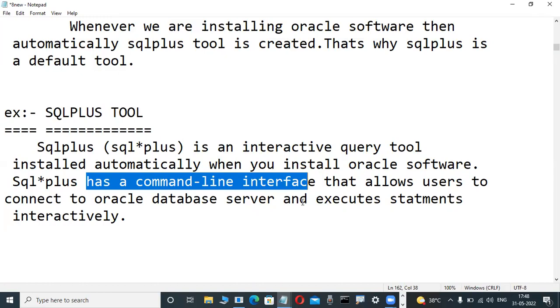SQL plus has a command line interface that allows users to connect to Oracle database server and execute statements interactively.